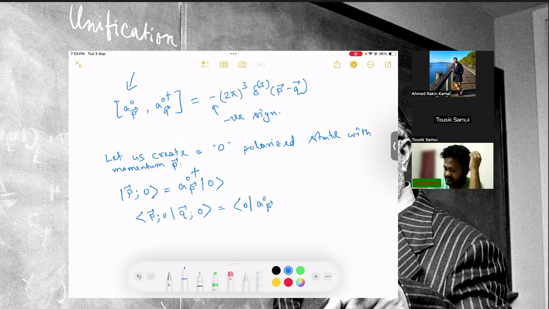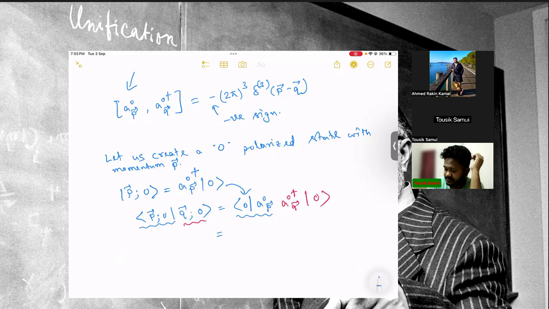So this whole thing can be written like this. It's the same equation here, but with Hermitian conjugation. And on the other side, this one is simple, which is a0 dagger q acting on the vacuum.